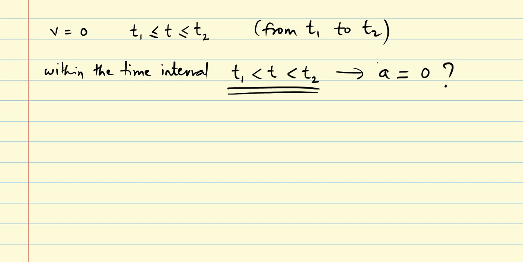Please note that the interval which is now under investigation, the equality signs have been removed because of the use of the word within. In other words, we have to investigate whether the acceleration is equal to 0 or not for a time interval which begins slightly after t1 and it ends slightly before t2.